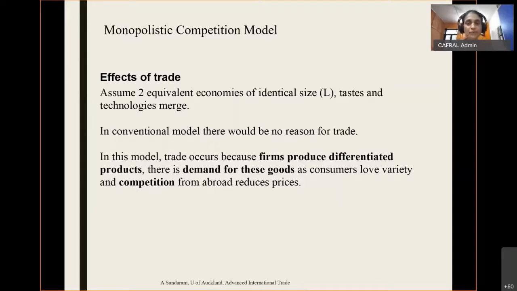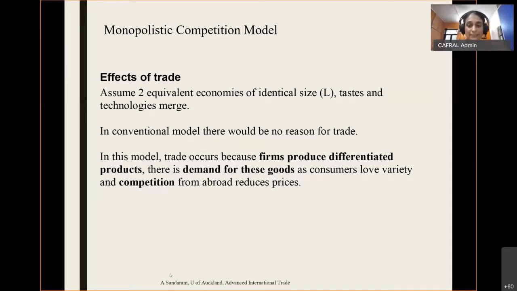So India has cars, Germany also has cars. But why do Indians demand German cars? Because German varieties are different from Indian varieties. And consumers like varieties, so they are going to demand varieties from Germany, and that's going to give rise to Indians exporting cars to Germany, but Germans also exporting cars to the US, to India. That's not going to happen in Heckscher-Ohlin. It's not going to happen in the Ricardian model.